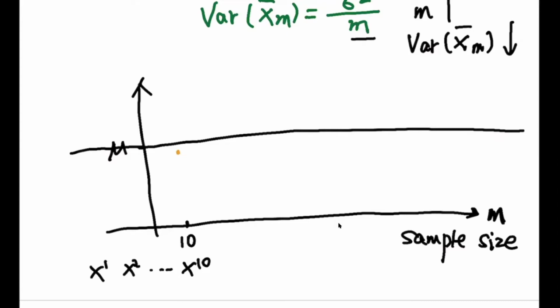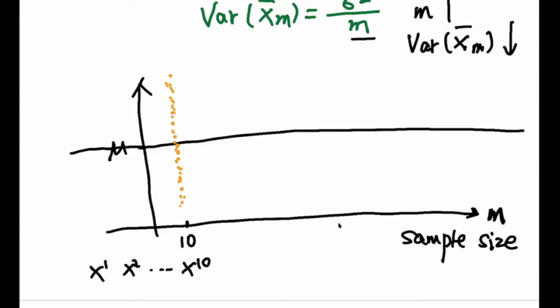I'll get another 10 elements from the distribution and calculate their average again. And I get another average, maybe it's here. And then I will repeat this process many times. And I will get a lot of different averages, right? They will be fluctuating up or down around the mu.